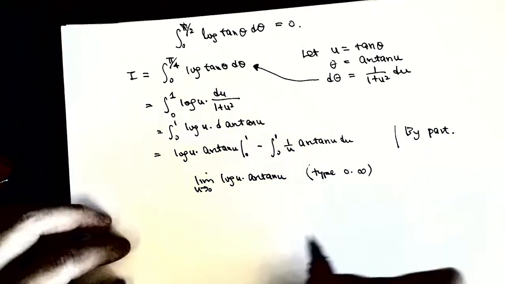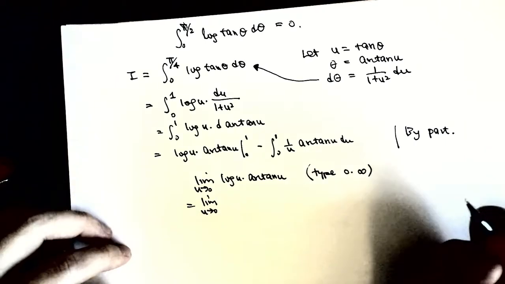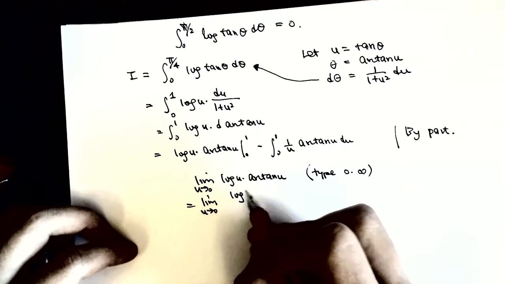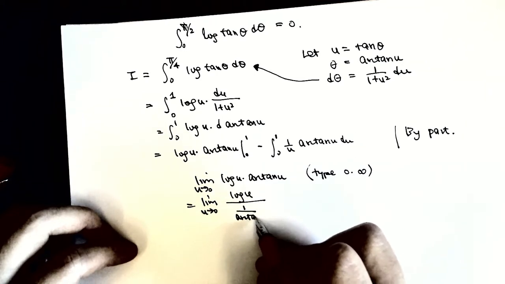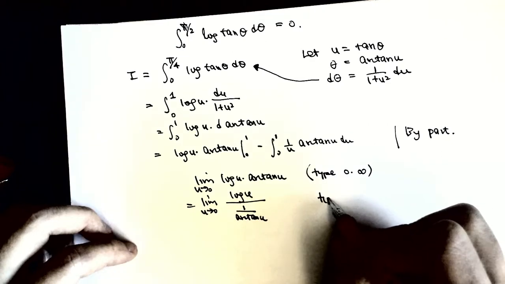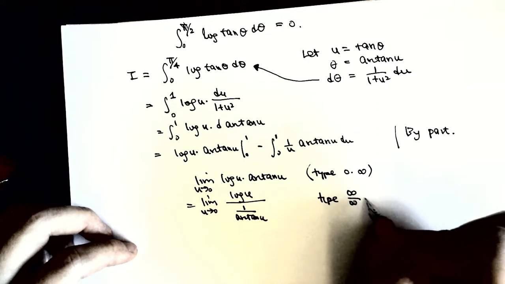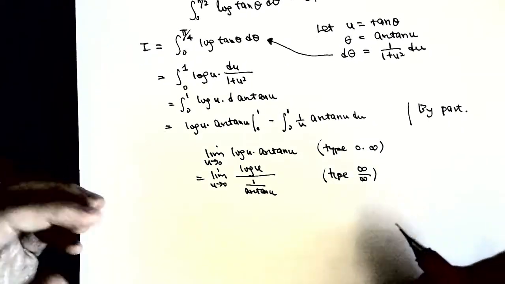In order to change it to a more manageable type, we flip the arctangent u into 1 over arctangent u. Now it becomes type infinity over infinity. Then in that situation, we can use L'Hospital's rule.